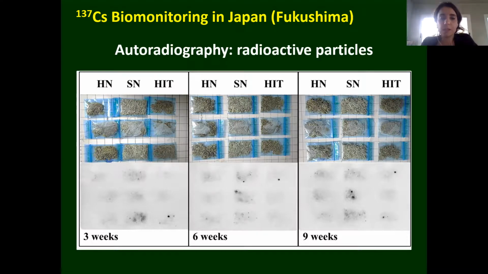For example, this is an autoradiography image of moss bags, different types of moss bags exposed for different periods in the biomonitoring in Fukushima. If you see the dark spots or the dark color, it means the presence of radioactive particles.